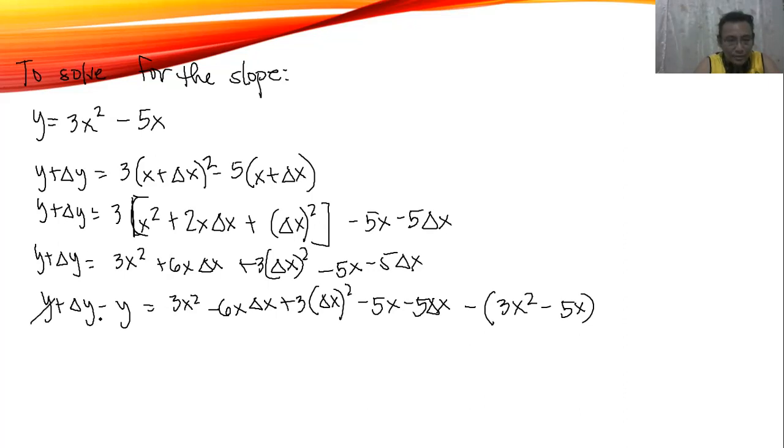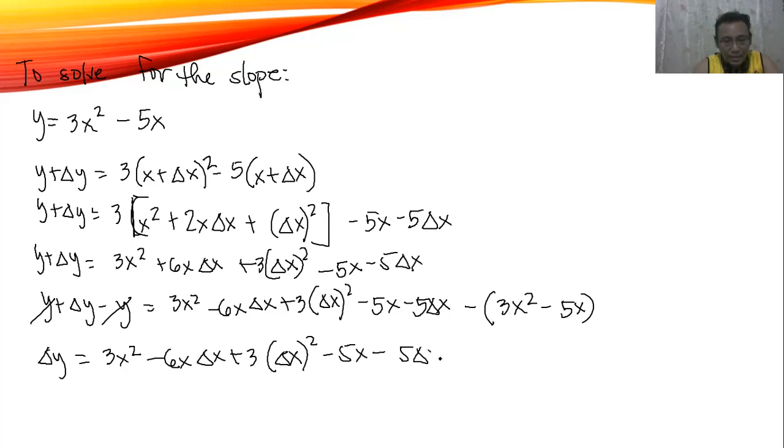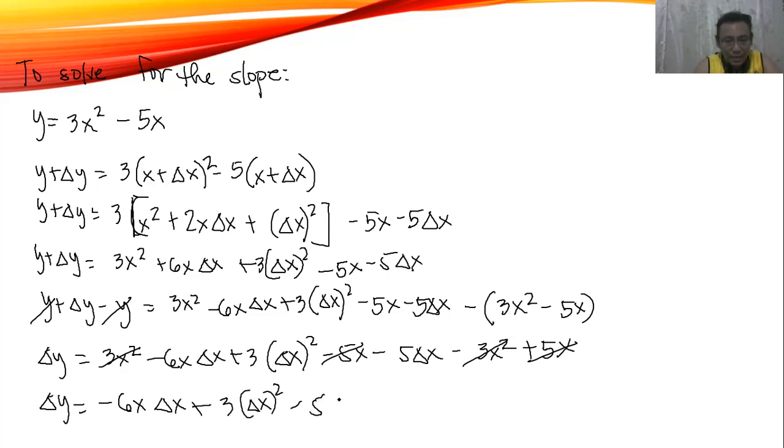So now, cancel: we have 3x squared and negative 3x squared, negative 5x and positive 5x. So we have delta y is equal to 6x delta x plus 3 delta x squared minus 5 delta x.